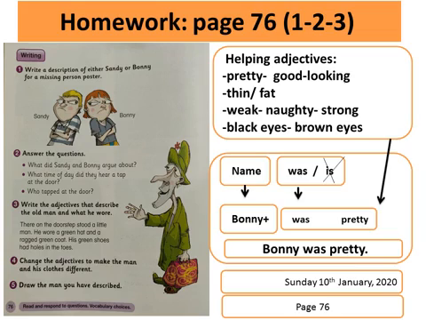So Bonnie was naughty. Okay, look at her eyes. Are the eyes black or brown? Black, right? So of course I will not say Bonnie is black eyes, right? She's a girl, she's not black eyes. She had black eyes. So I will write Bonnie had black eyes. If you want to use Sandy, you can do the same, go through the same steps.